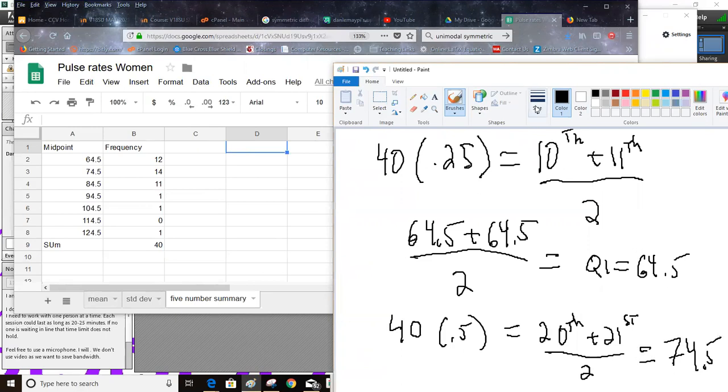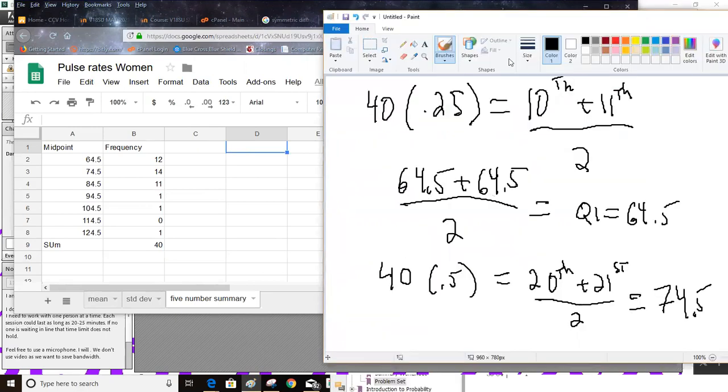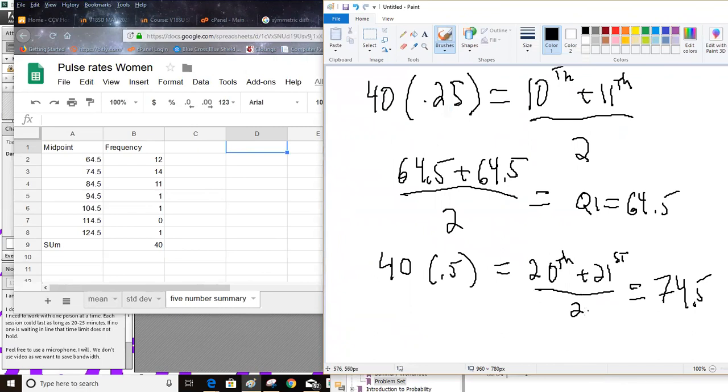Then to find Q3, the upper quartile, let me get some more room here. That's going to be 40 times 0.75, the 75th percentile, and that's going to be 30. So again, the average of the 30th number and the 31st number, divided by 2.